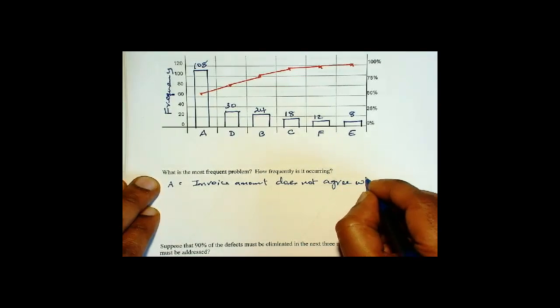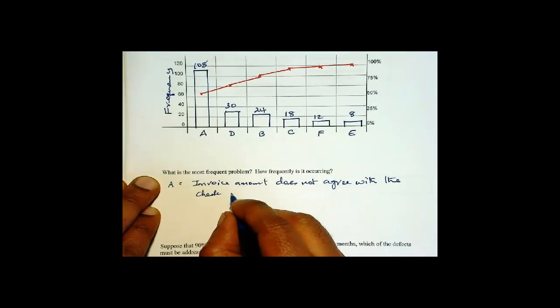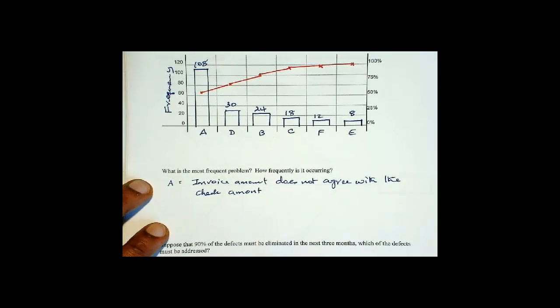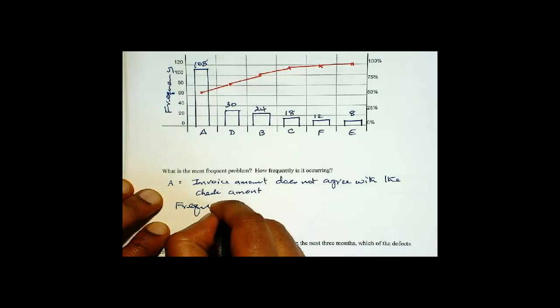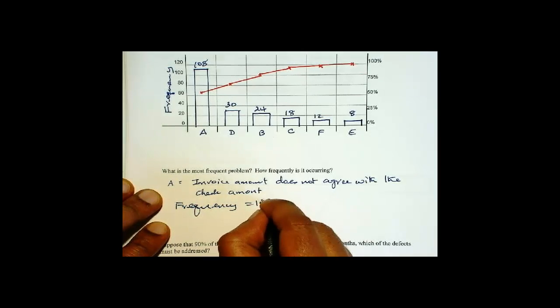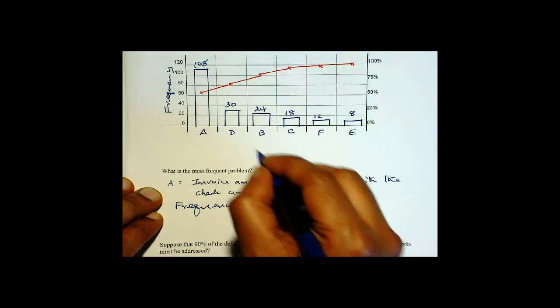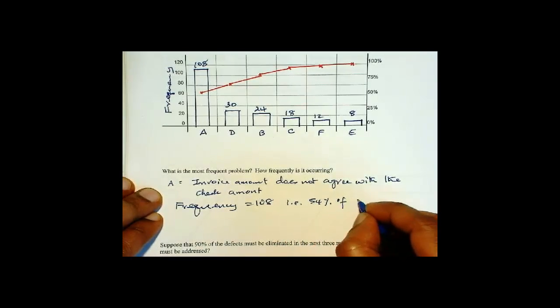So this is the problem that is most frequent, the highest priority problem that should be analyzed and a solution must be found for it. The frequency is 108 and that is 54%. That is 54% of all the problems.